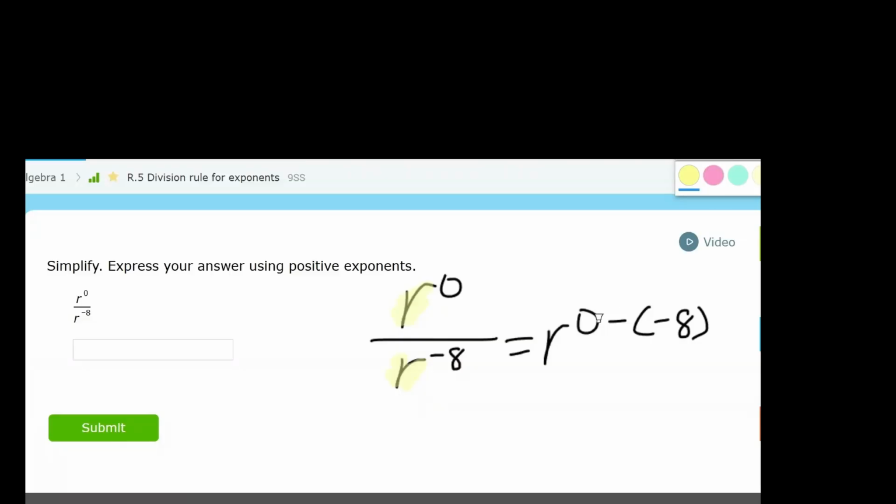You want to be careful here because whenever we're subtracting a negative number, that's the same as adding. So this is really r to the 0 plus 8, which is r to the 8. And our answer has a positive exponent, so that is okay.